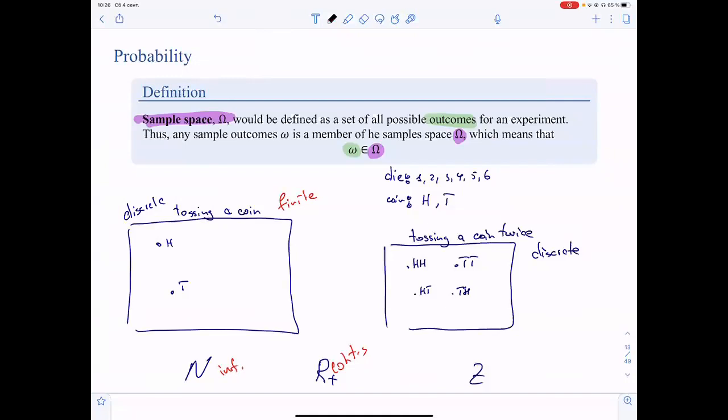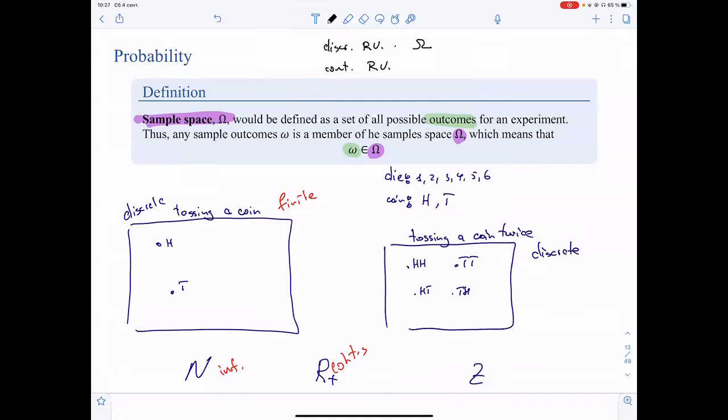So when I said at the very beginning of this lecture that we are going to discuss discrete random variables and continuous random variables, now you may realize what makes a random variable either discrete or continuous. It is all about the sample space.